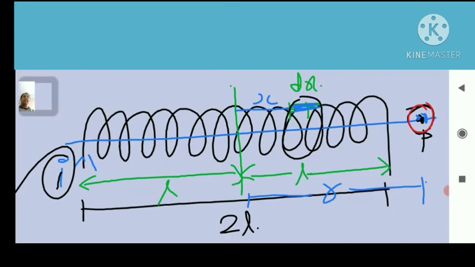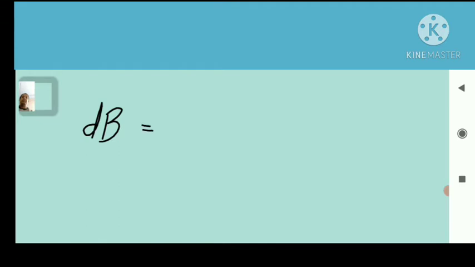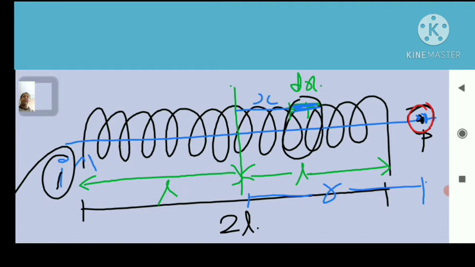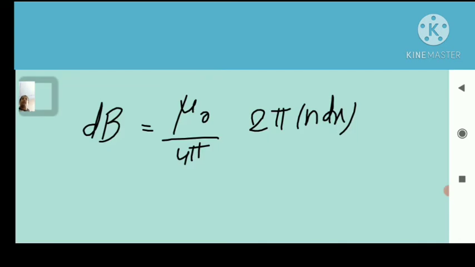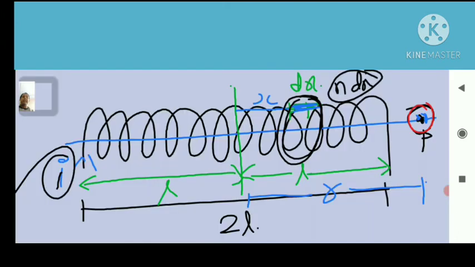We already know that due to a solenoid the magnetic field at a point is mu naught over 4 pi times 2 pi n dx I a square over a square plus (r minus x) square to the power 3/2, where n is the number of turns. So this is the formula.